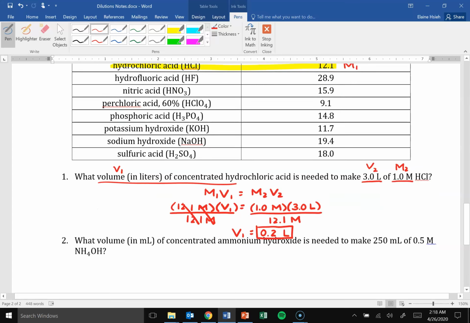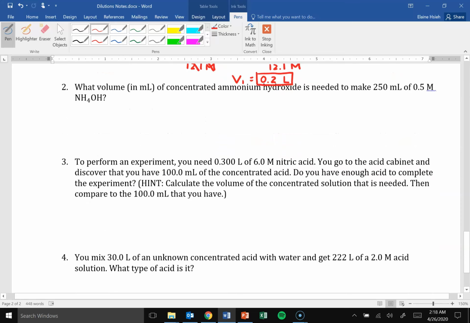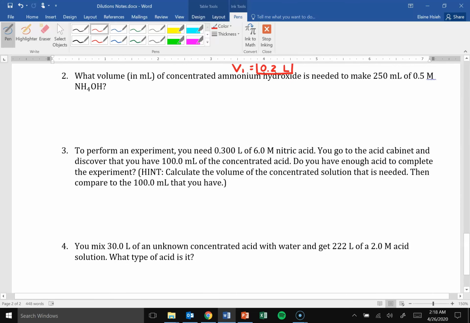Let's skip down to number 3. Number 3 says, to perform an experiment, you need 0.300 liters of 6.0 molar nitric acid. You go to the acid cabinet and discover that you have 100.0 milliliters of the concentrated acid. Do you have enough acid to complete the experiment? And they gave us a hint. Calculate the volume of the concentrated solution that is needed, then compare to the 100.0 milliliters that you have.